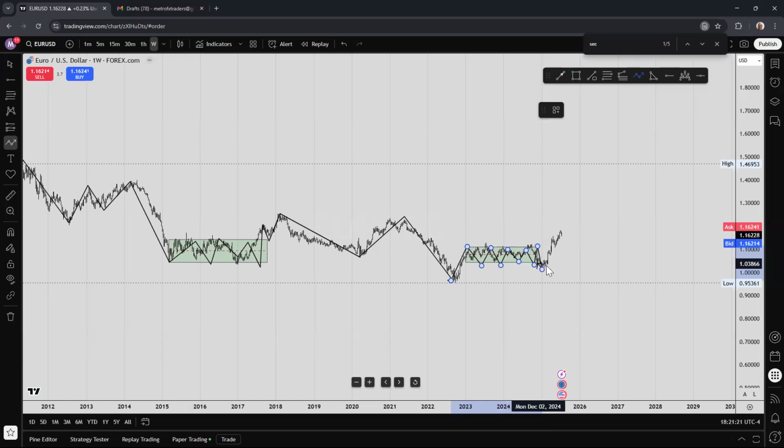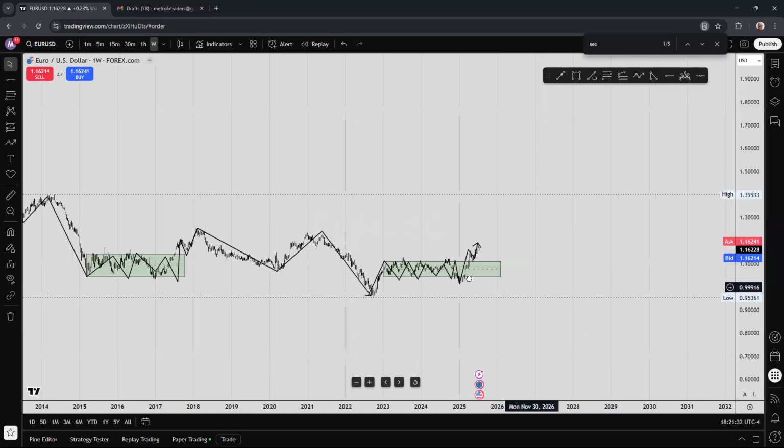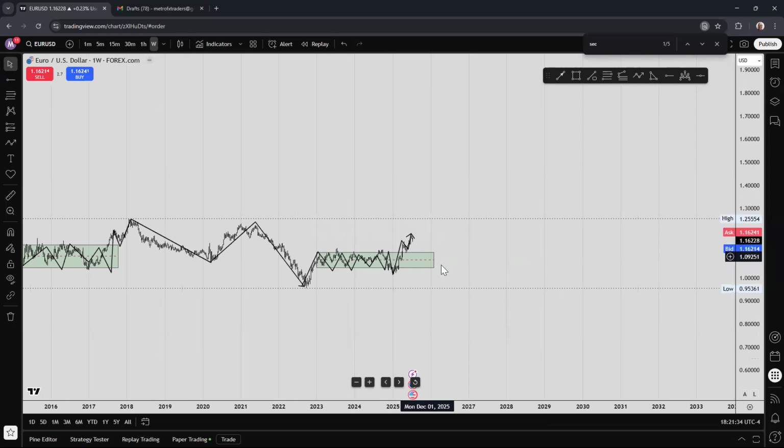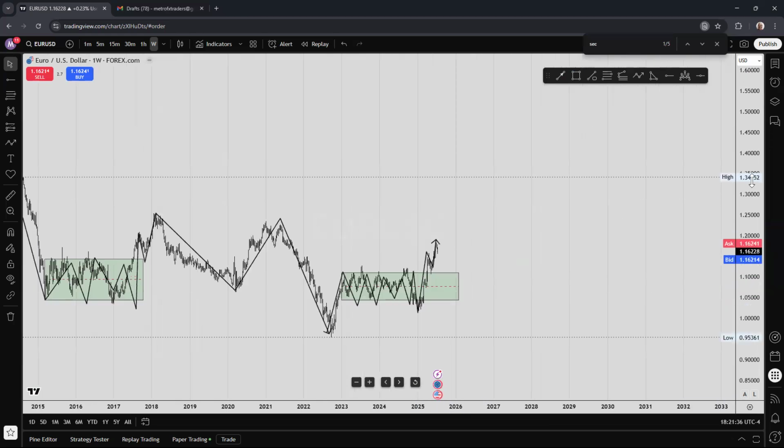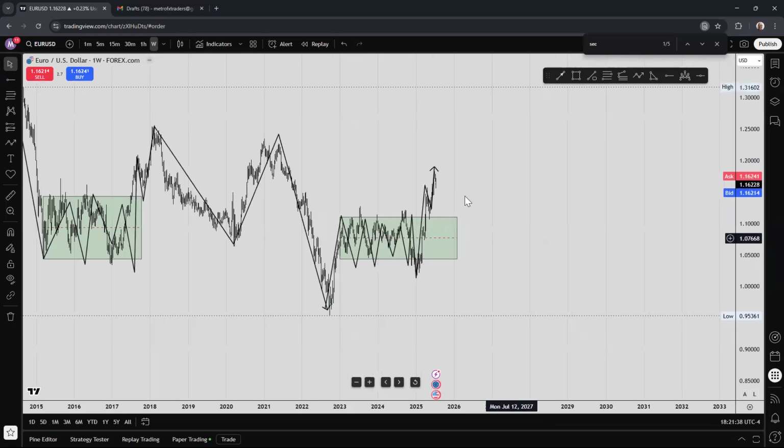And right here, now it's outside of the box. So this is the box if you stretch it out. It broke out of the box.